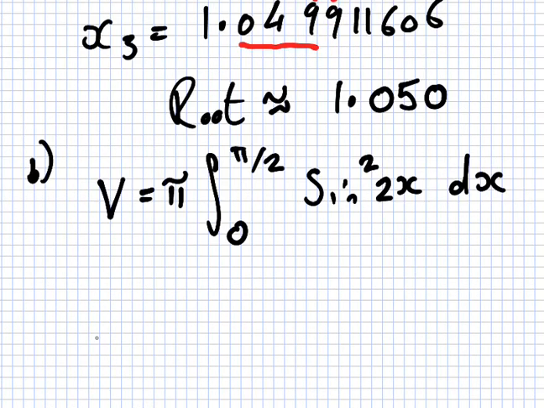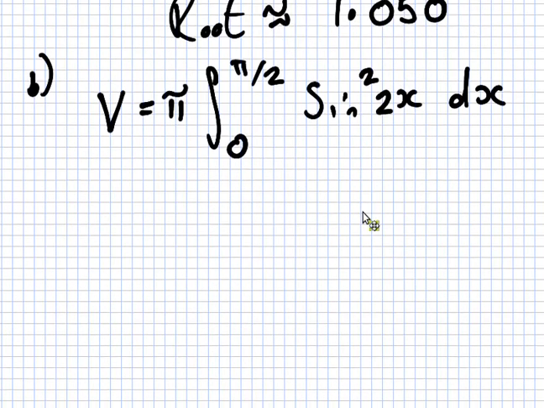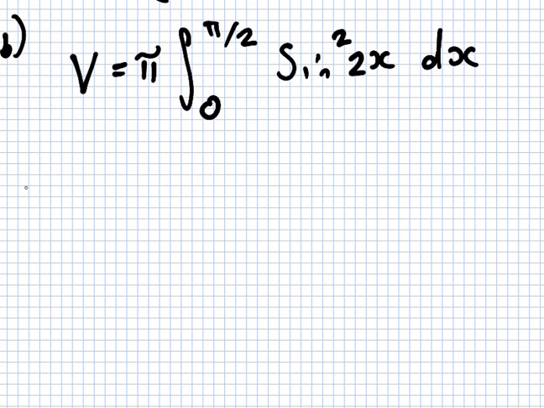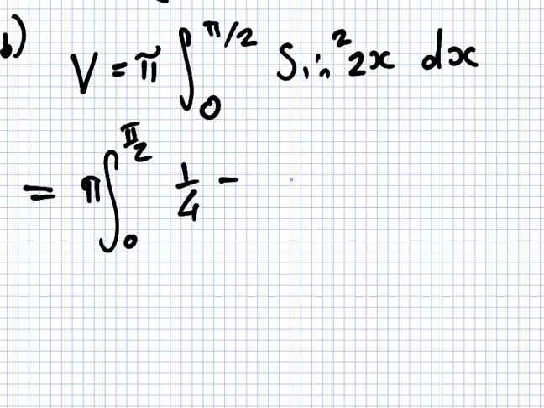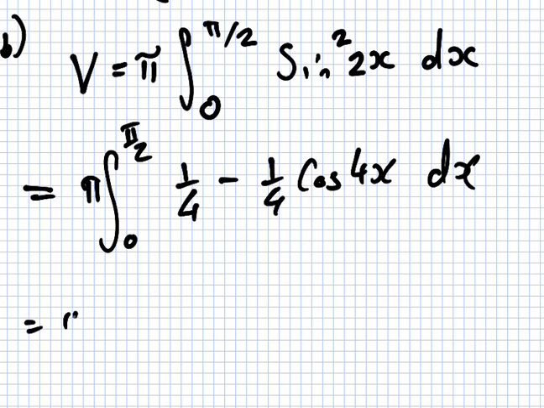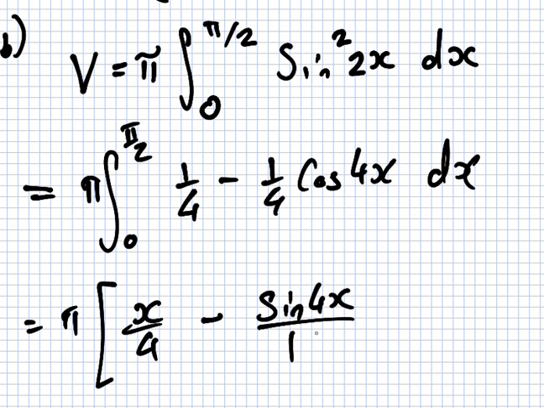So this here will be now equals pi integrate 0 to pi over 2. What is it? A quarter minus a quarter cos 4x dx. That equals pi x over 4 minus sine 4x over 16.